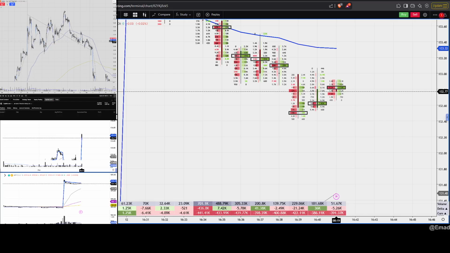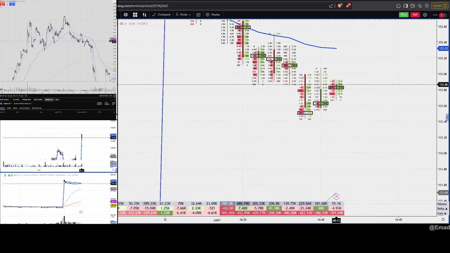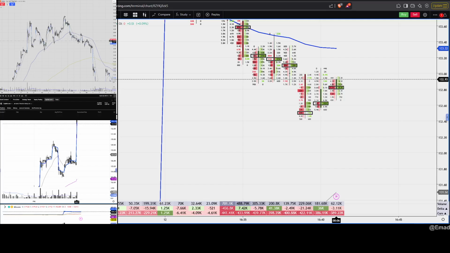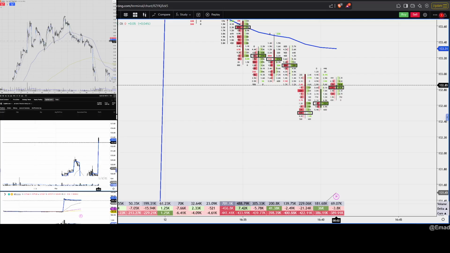Why is that not working? That has no reason to not work. Sometimes TradingView can be really useless. Let's do it using this. It's open there. We see slight recovery in the SPY.